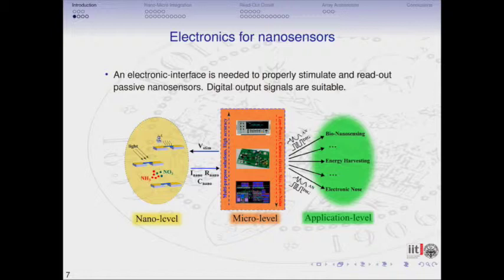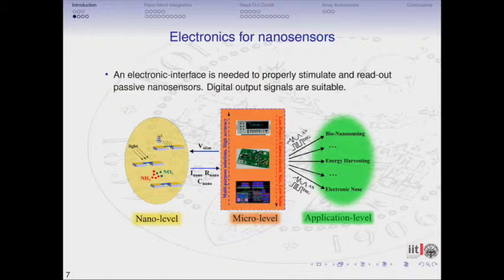So the best solution to have a final device is a readout circuit designed in CMOS technology. You can design your circuit to be low power, low noise, and small size, occupying a small area on silicon.